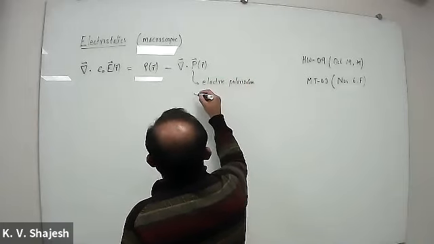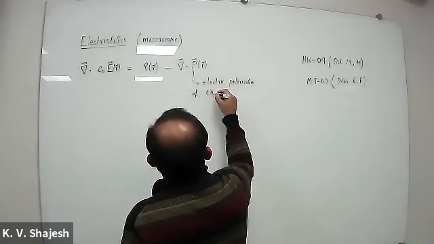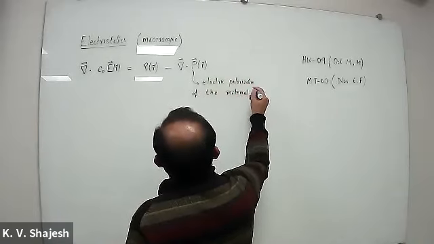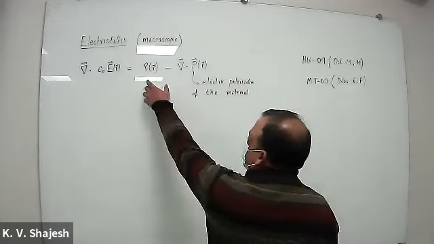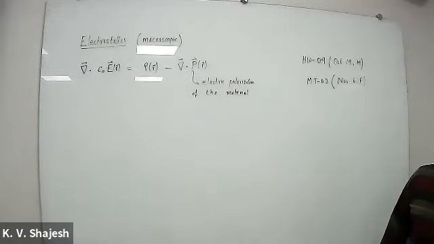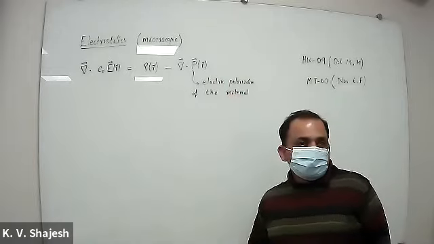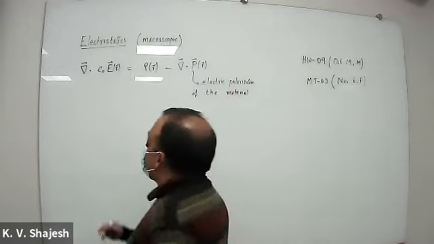Like charge density is an external quantity that's provided to us. Similarly, the electric polarization has to be provided to us.